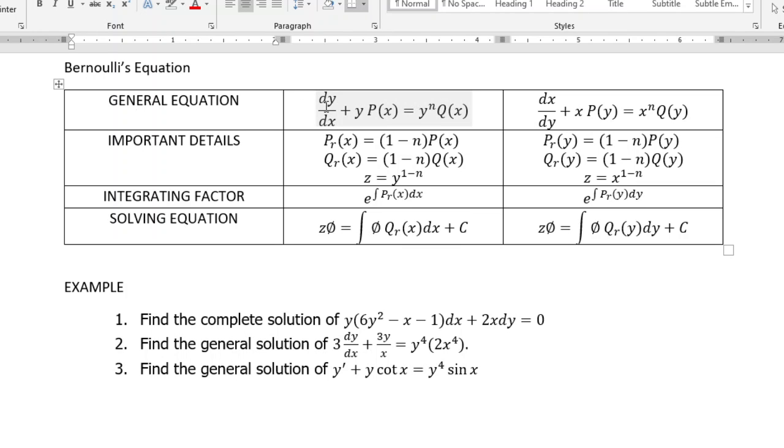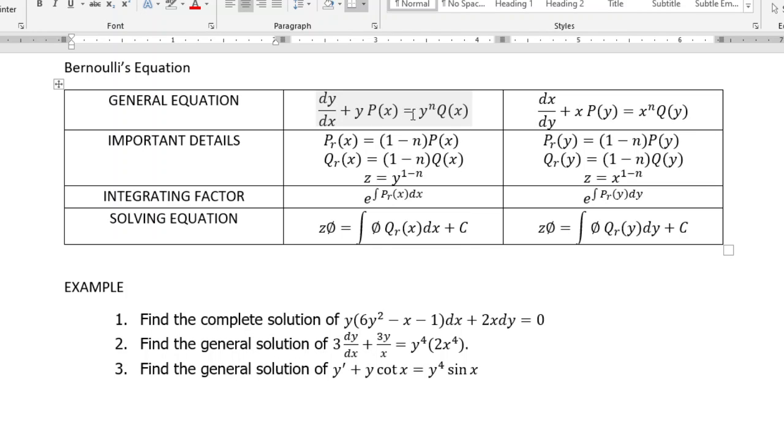So, general equation, pag dy over dx plus y times p of x equal to y raised to n times q of x. So, ang kaibahan lang niya is from Polde, ang ano mo lang kasi from Polde is dy over dx plus y p of x equal to q of x.